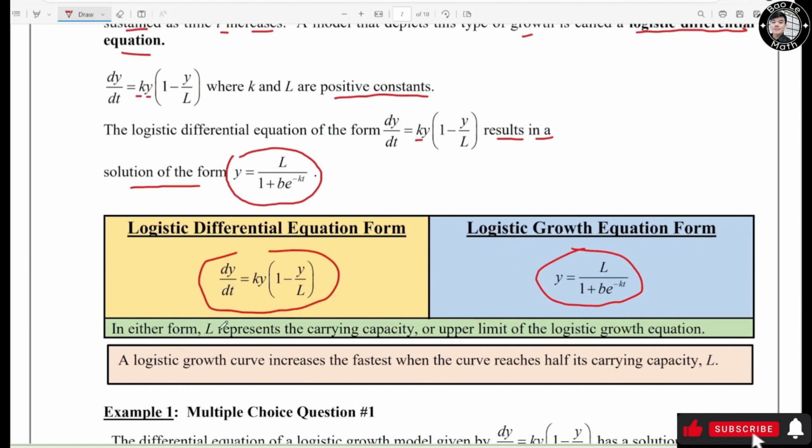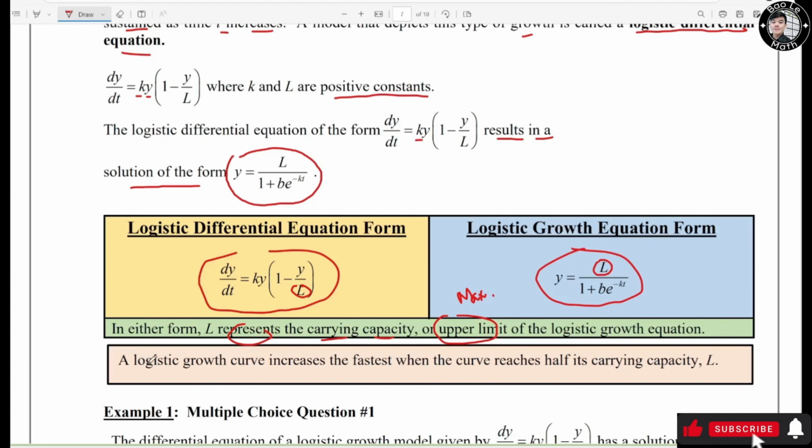In either form, L represents the carrying capacity, or upper limit, which is the maximum.